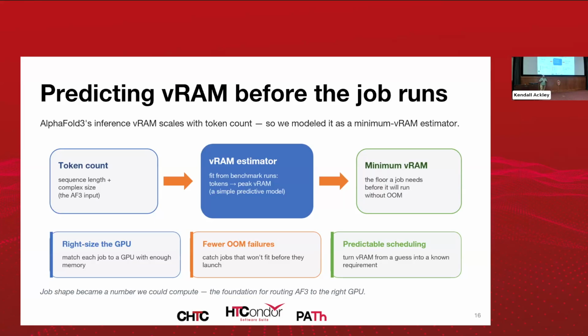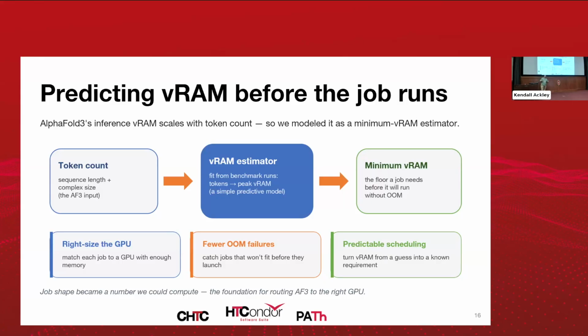And so we took a monomer of the human actin protein and started adding copies of actin. It's about a 300 amino acid length protein sequence, and it forms really long fibers. And so each time that we added one more copy, we looked at how much memory it was trying to use during the run.